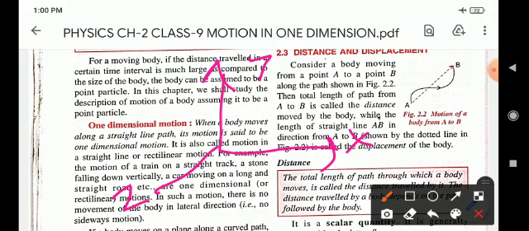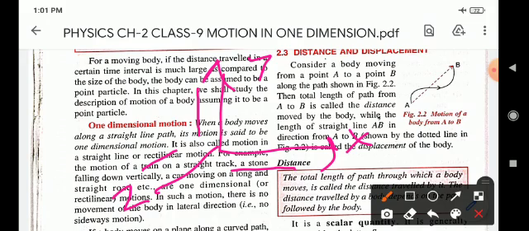A particle moves in this direction, that is one dimension motion. If a particle moves in the z direction or the y direction, it has one dimension motion.